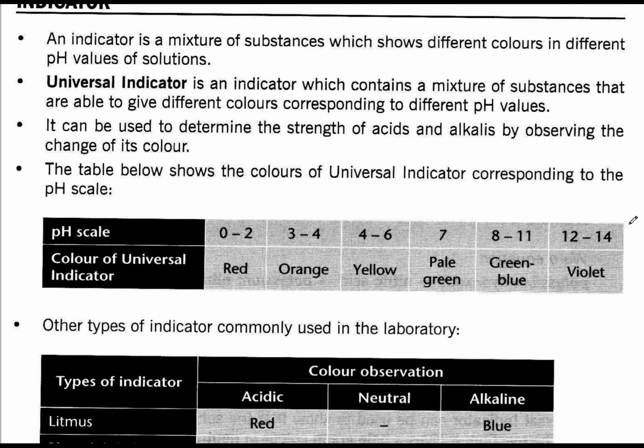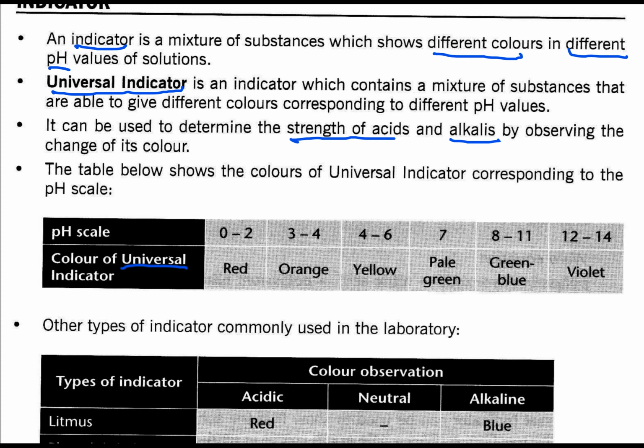Indicator. The indicator shows different colors in different pH solutions. The universal indicator can show different colors corresponding to different pH levels. It allows one to determine the strength of the acid and the strength of the alkali.